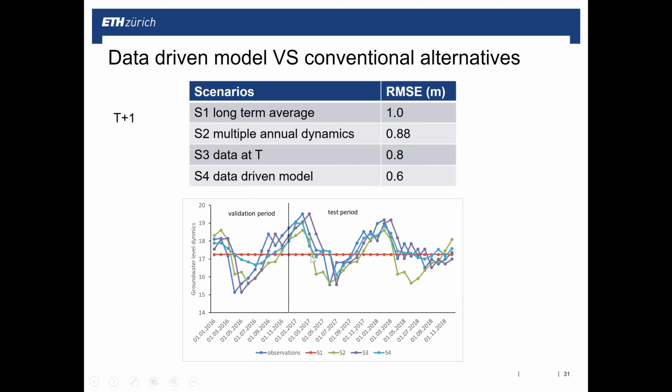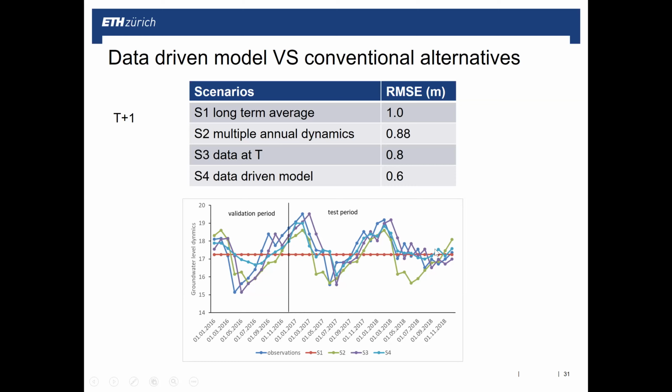And if you look at the figures, for the long-term average, scenario 1, it doesn't matter when you forecast, the value is the same. And for the multiple annual dynamics, this is green. When the dynamics this year follow the historical changes, then the fitting is really good.